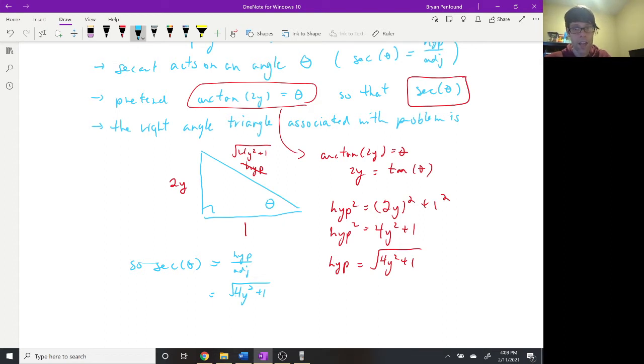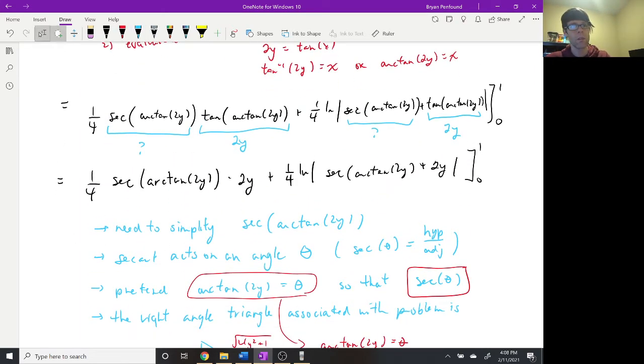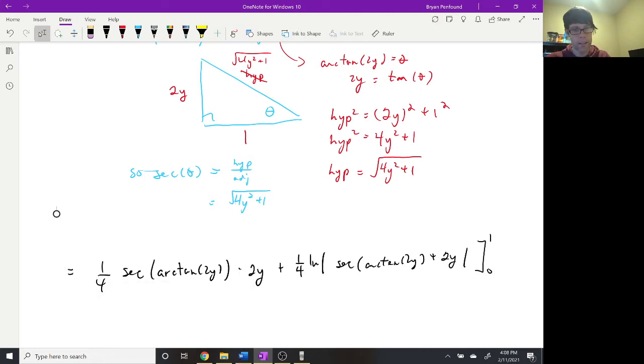So secant theta turns out to be a really lovely expression, a little bit easier than the expression we had up here. So I'm going to copy this line and perform that simplification.